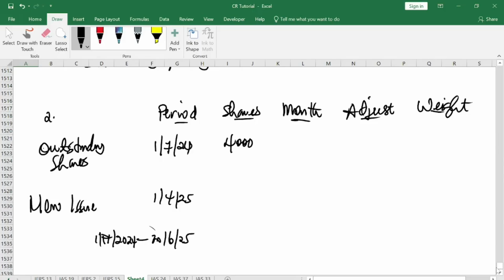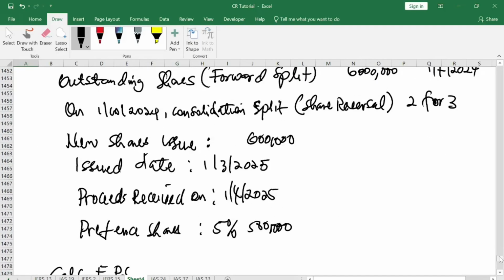That is the accounting year period. So don't be triggered by the date you see over there. The new issue was 600,000, so I've hung 3 zeros, so this one will go to 600. So when you add it, you have 4,600. That is what is there.